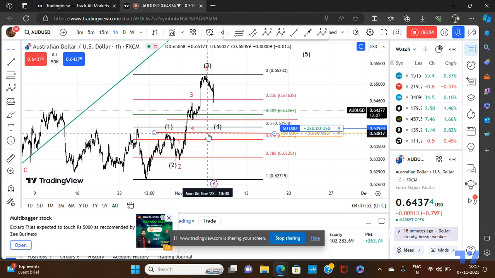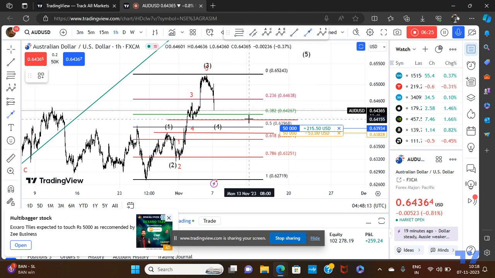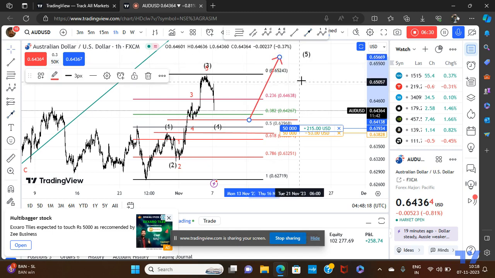Okay. So I'm still bullish on this pair, currency pair. I want this decline to stop somewhere here, 0.64155, and then the next move up should come. So this is my expectation from this point. One more wave should come.